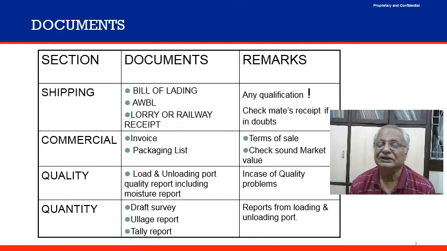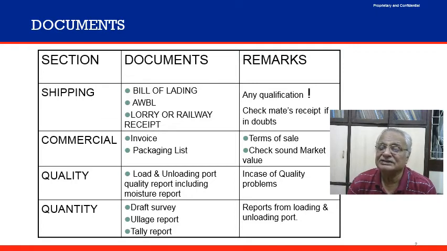So the total number of items in each package, how many types of items there are, and what the individual value of each is. All these things will be described. The packing list is very, very important, because it indicates the total number of items, total types of items, the total size of items, etc.